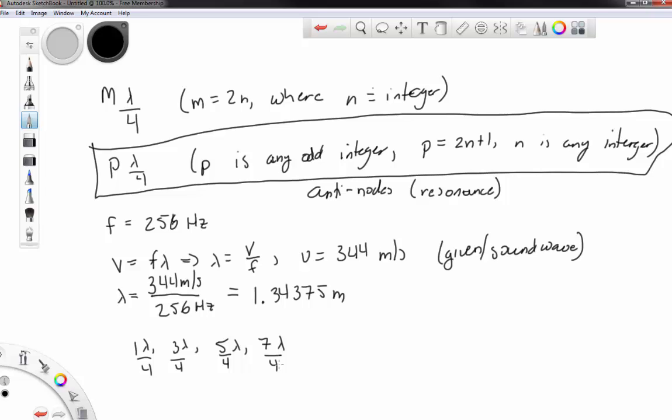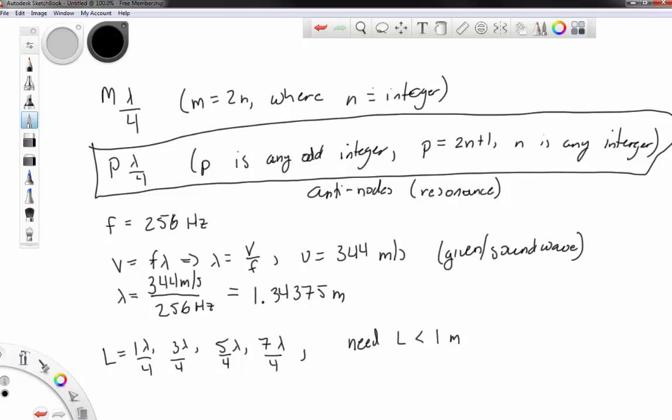All right, so the next question that is applicable to this problem is, which of these lengths, so these are the lengths for resonance, fulfills the requirement that L is less than 1 meter, because the tube is only up to a meter deep.